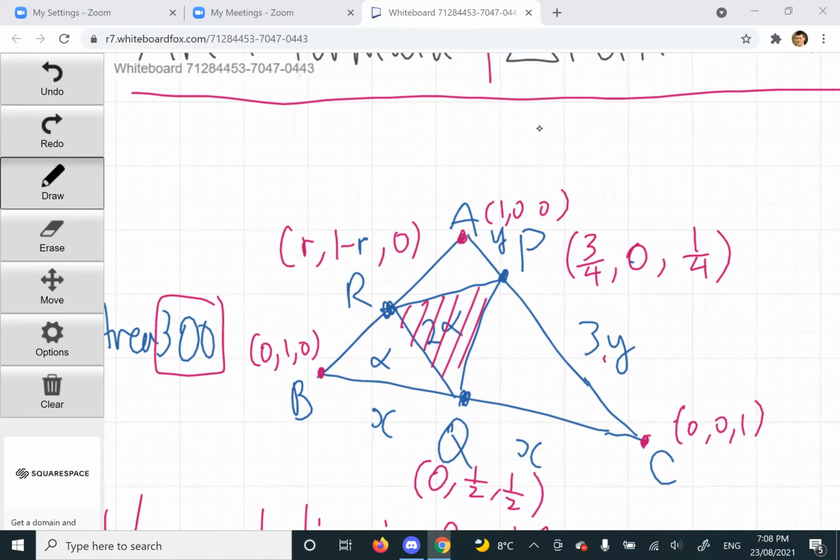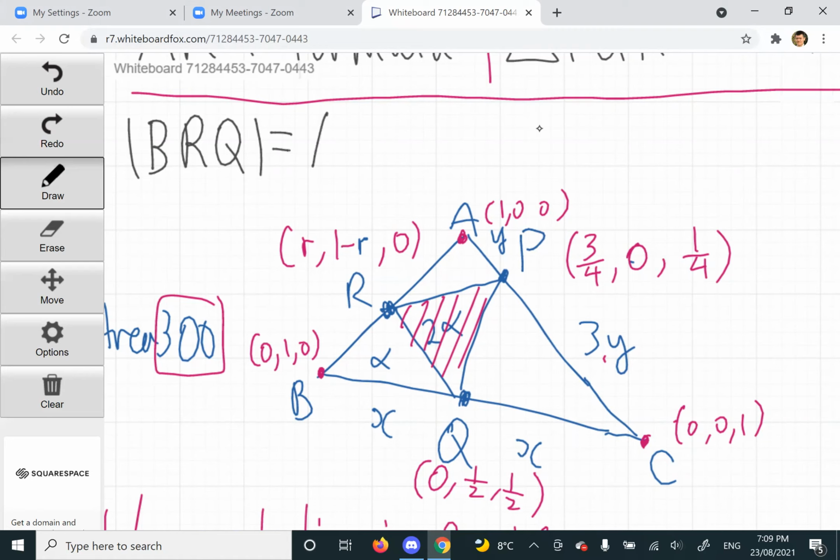And so BRQ, I think it's always easier to do stuff with, we'll see. So the area of the triangle is ABC.